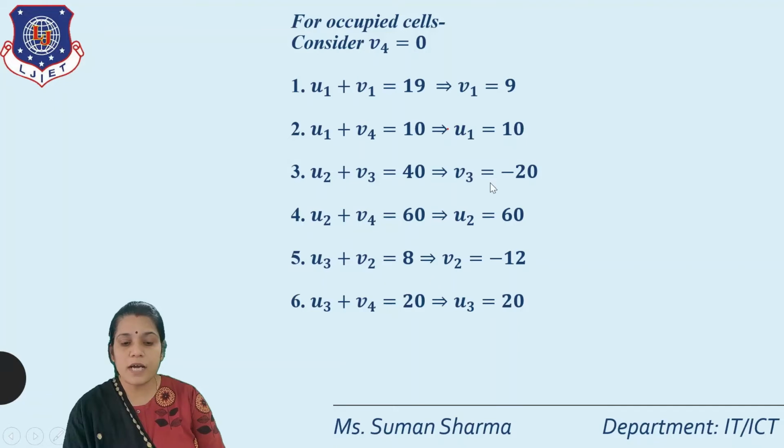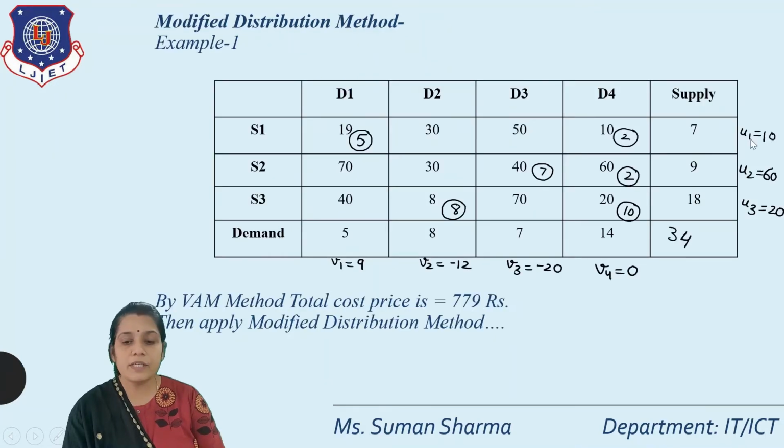With the help of these U1, U2, U3, we find the values of V1, V2 and V3. Putting U1, U2, U3 one by one, we get V1 equal to 9, V2 equal to minus 12 and V3 equal to minus 20. So with this process, we write U1 10, U2 60, U3 20, V1 9, V2 minus 12, V3 minus 20 and V4 0.